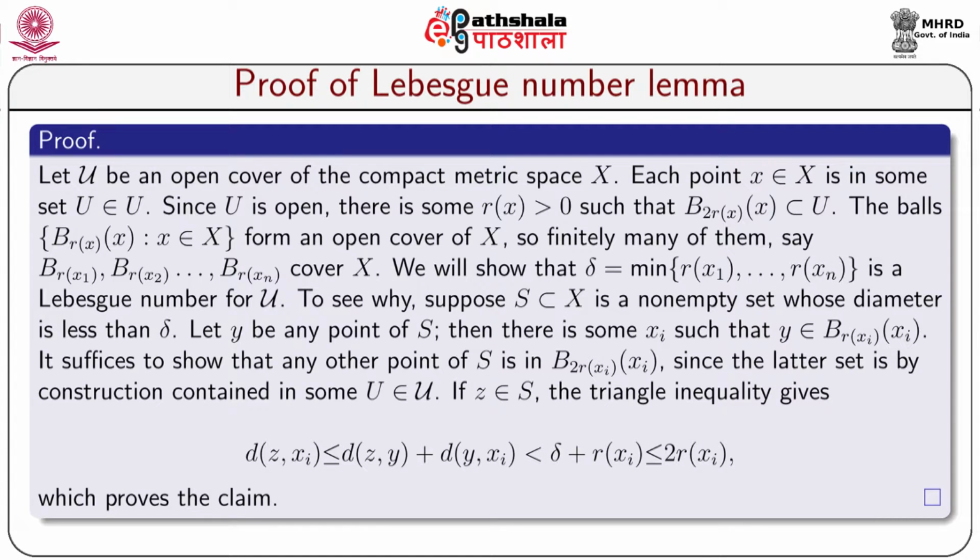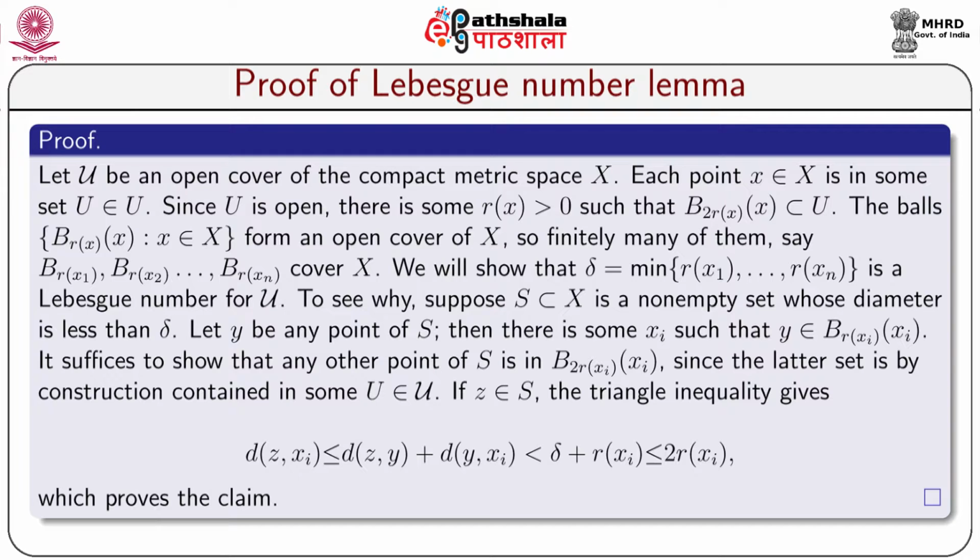Since U is open, there exists some positive number, let us say r x, such that the open ball centered at x of radius 2 r x is contained in U. Now, consider the collection of all open balls centered at any point x of X with radius r x, where r x is the corresponding real number to x.